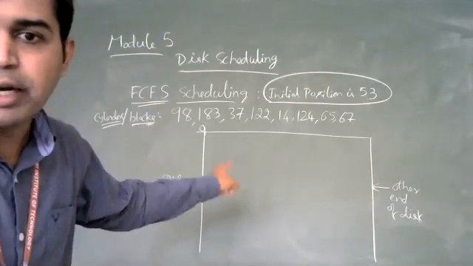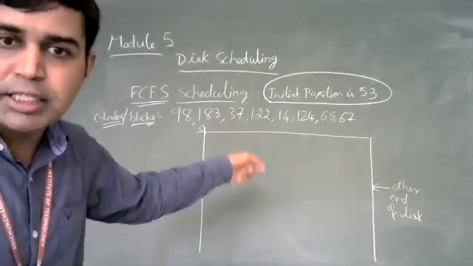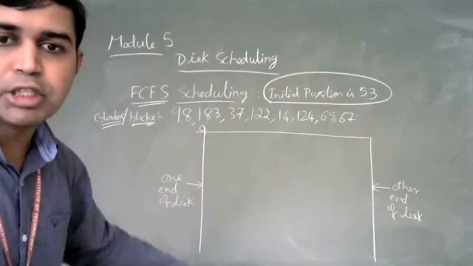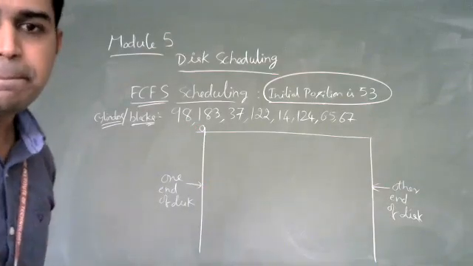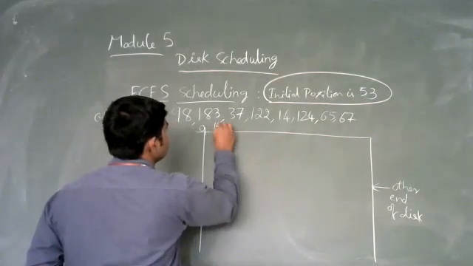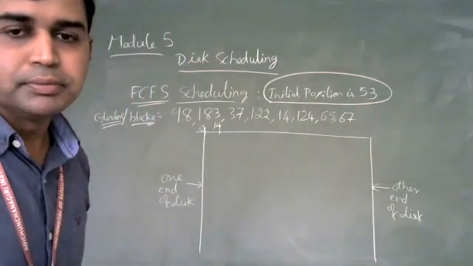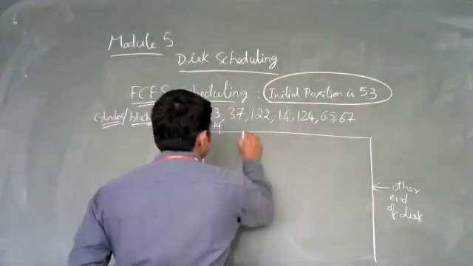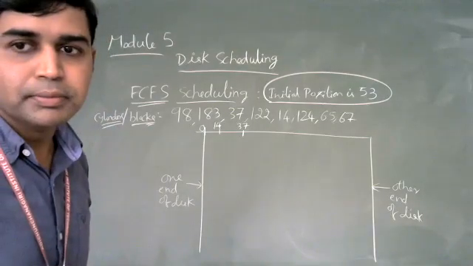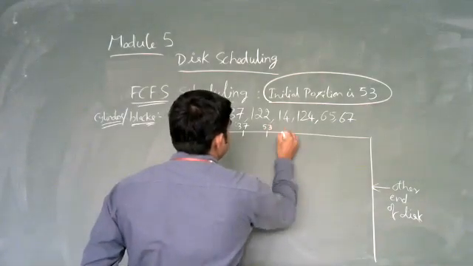Observe the numbers I have written: 98, 183, 37, 122, 14, 124, 65, 67. Which is the next number I have to write in the given square box? 14, correct? Write that. After 14, the next is 37. After 37, the next is 53.